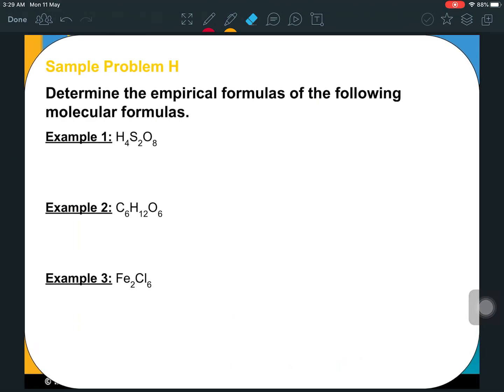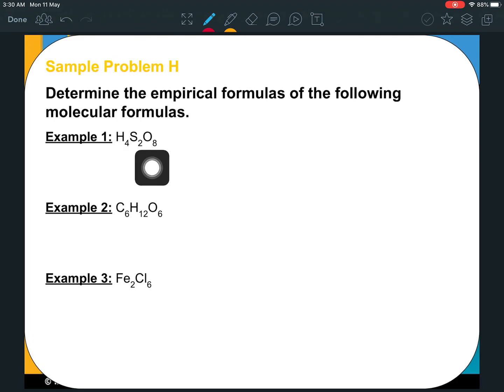All right, so let's go ahead and try some examples here. I can see here that I have my molecular formulas and I want to turn them into empirical formulas. Now this is a lot easier than it seems. All you need to do is find a common factor between all the numbers in your formula.